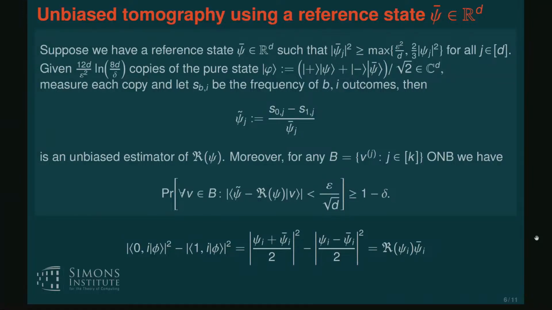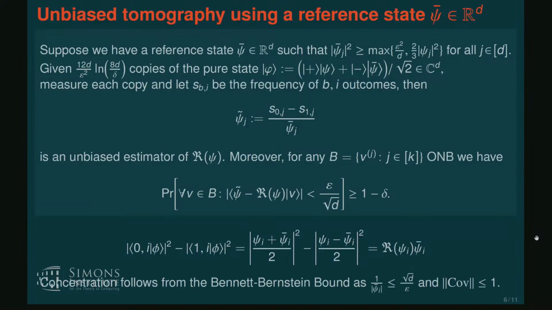That is just the ith coordinate of my state minus the ith coordinate of the reference state, squared. And this is just like (a plus b) squared minus (a minus b) squared, and that is just ab. And there is some constant, so it actually turns out that this is exactly the real part of the ith coordinate times the ith coordinate of my reference state. But that is the reason why I have to divide by the reference state amplitude. And this way I get an unbiased estimator.